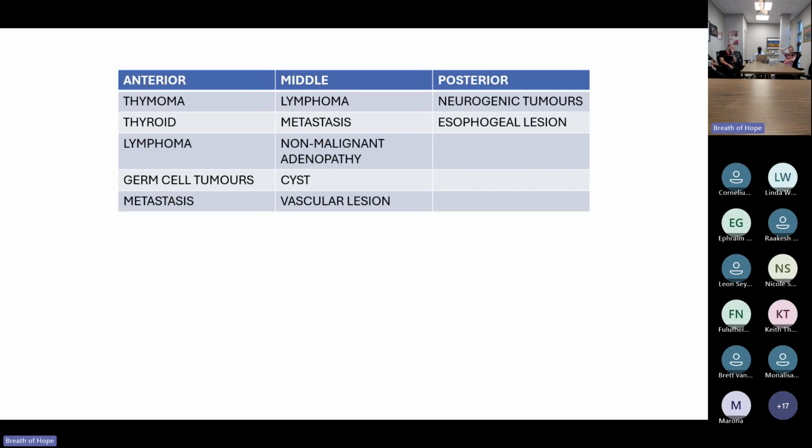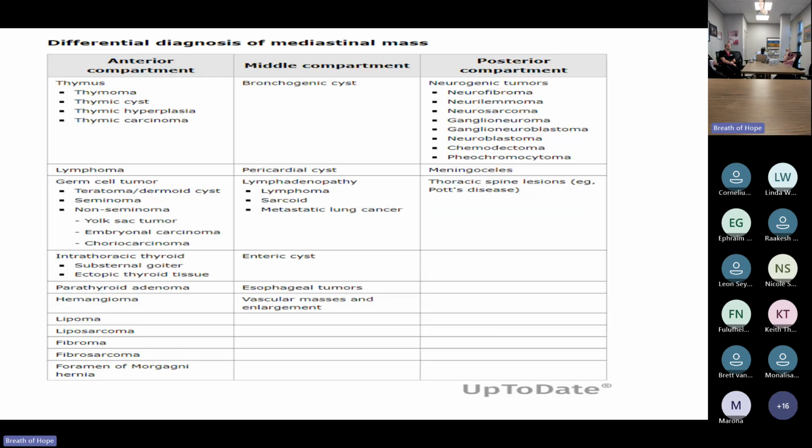But of course, you have miscellaneous. Middle would be lymphoma, metastasis, non-malignant adenopathy, cyst, and vascular lesions. And posterior would be neurogenic tumors and esophageal lesions, and of course, miscellaneous. So this is really an up-to-date diagnosis of mediastinal tumors.